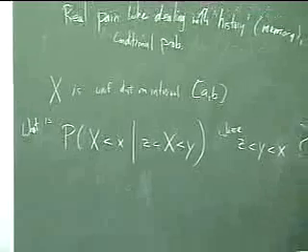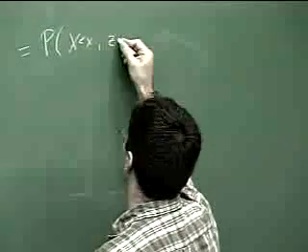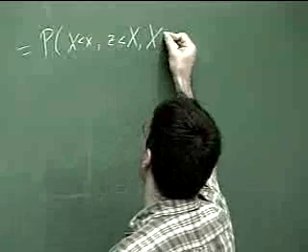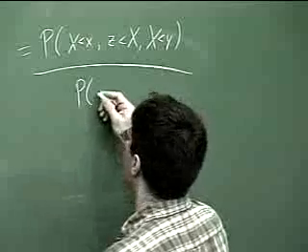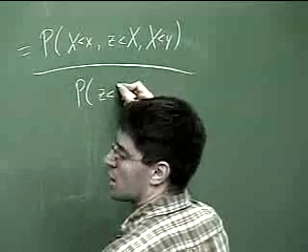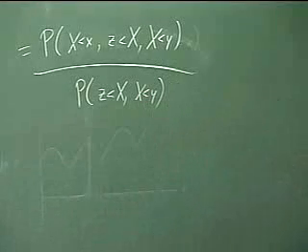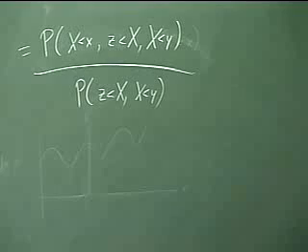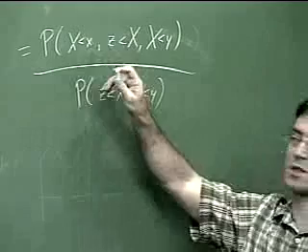It's going to equal the probability that X is less than x, and let's just do it this way, z is less than X, and X is less than y, divided by the probability that z is less than X, X is less than y. Okay? And we have that y is less than x. So if capital X is less than y, then it's also got to be less than x, right? So this is redundant.